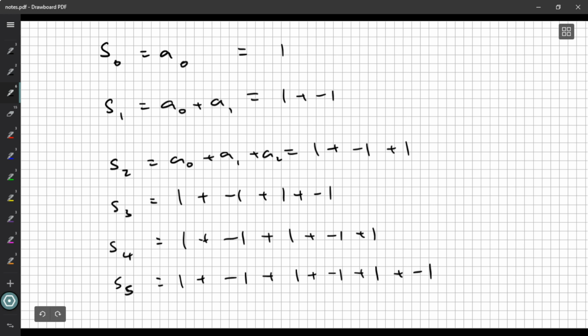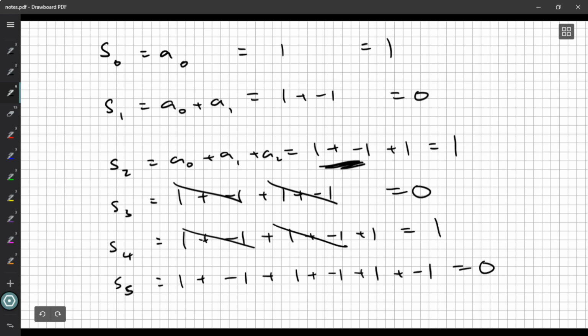And let's actually work these out. So we've got 1. 1 and -1 is 0. 1 and -1 and 1 is, well, 0 plus 1. And we get a bunch of things canceling. We get 0 for S3. More things cancel, but there's a 1 left over. So we get 1 again, and then we get 0 again.